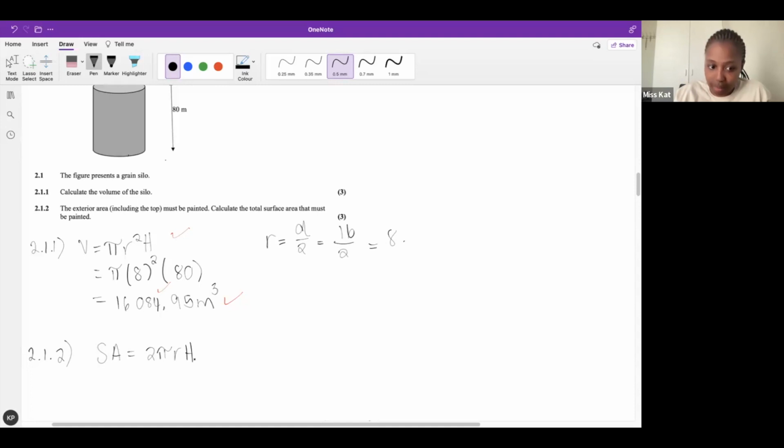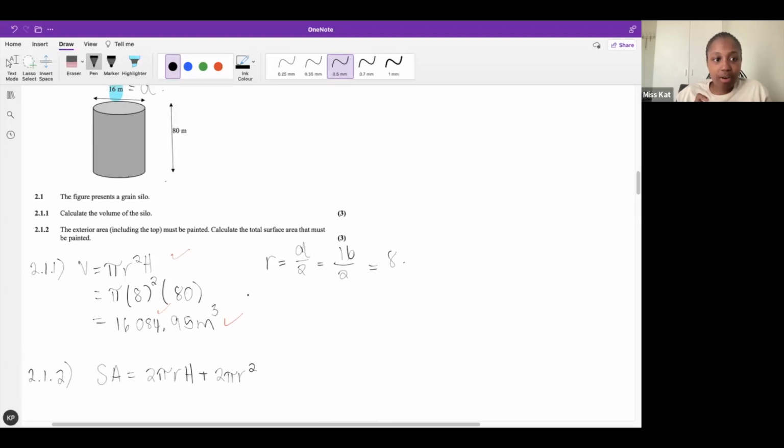Yes, that's correct. Plus 2 pi r squared because there's a circle at the top and at the bottom.